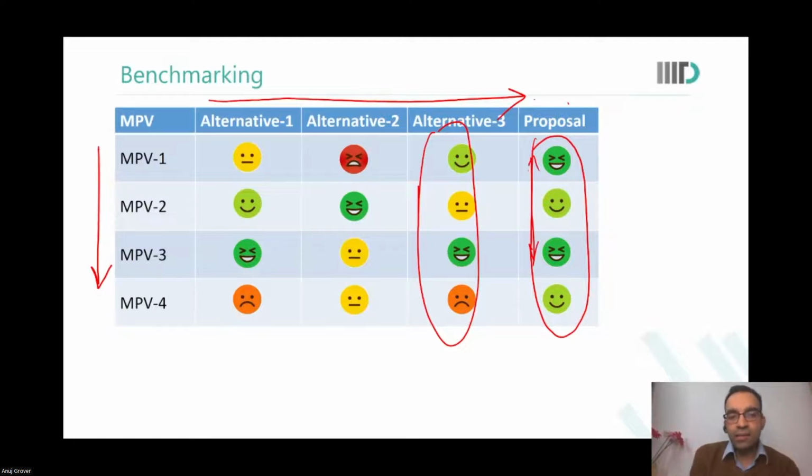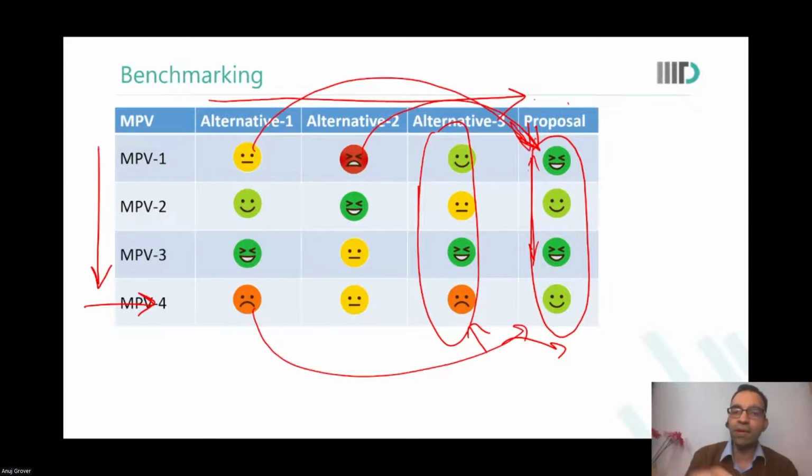And this MPV4 is what I will pivot to the users of alternative 3 to pull them over to my product. And for alternative 2, I will pivot MPV1 to pull them to my product. For alternative 1, again, MPV3 and probably MPV1 is something that I would pivot to pull them to my product.